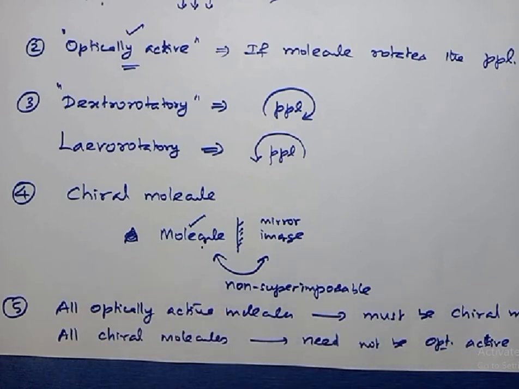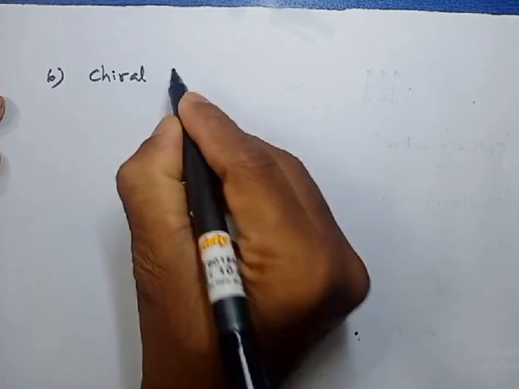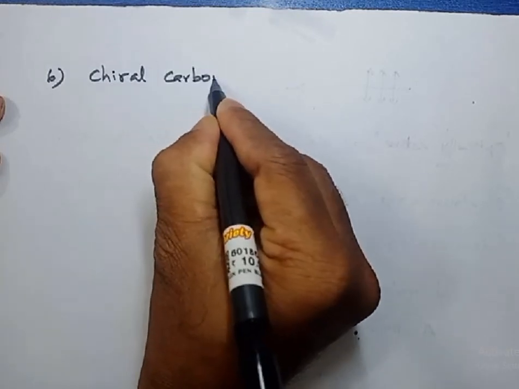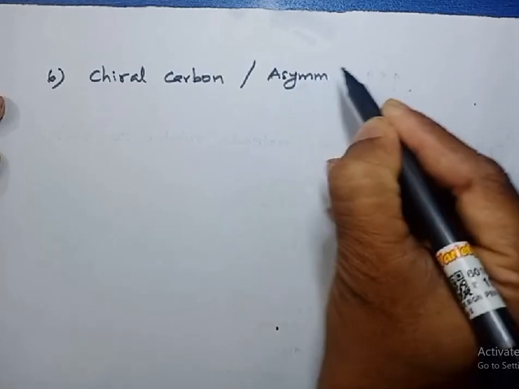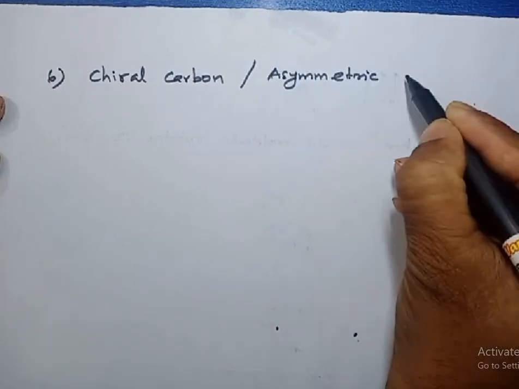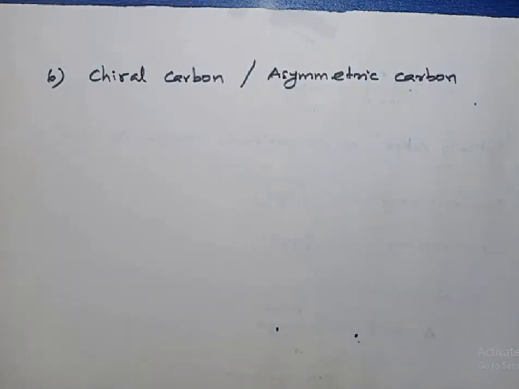Now, this is another point you should keep in mind. This also I told you in the last class, that is chiral carbon, or asymmetric carbon. What is meant by that?